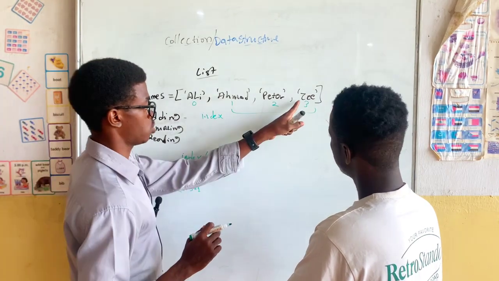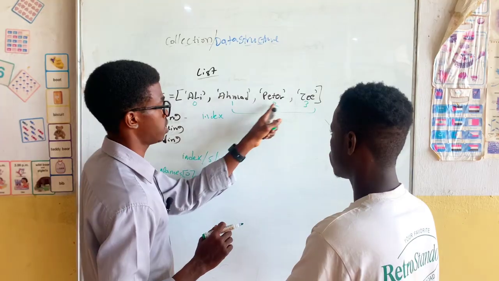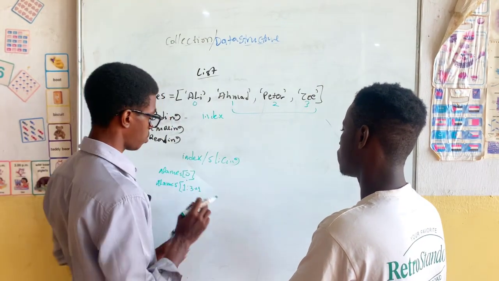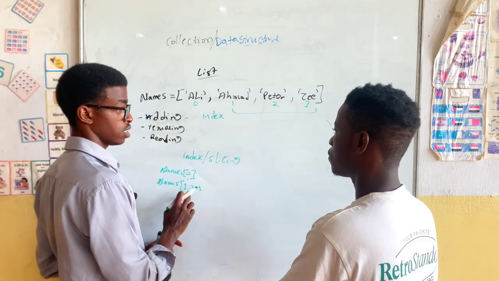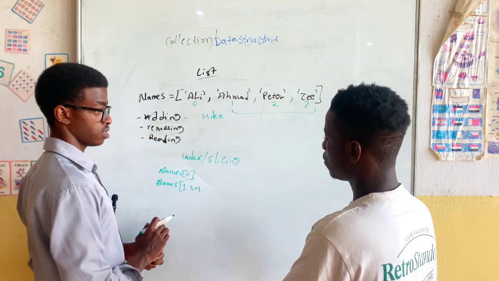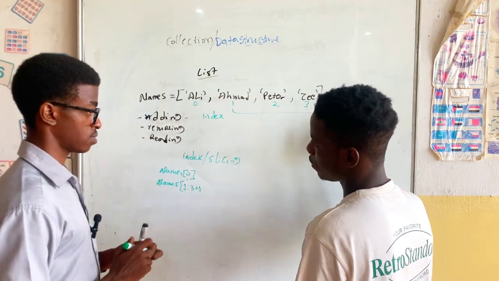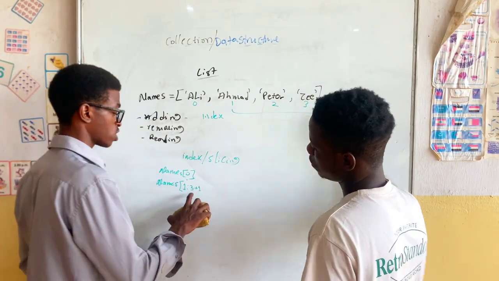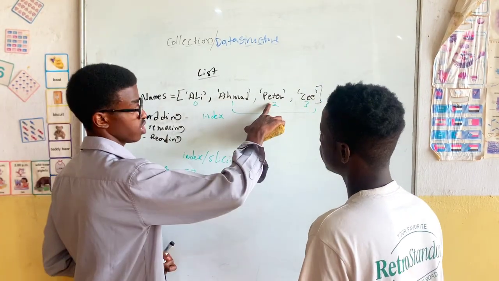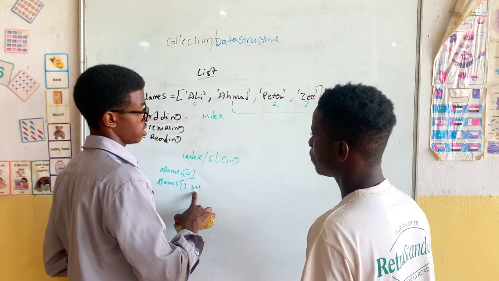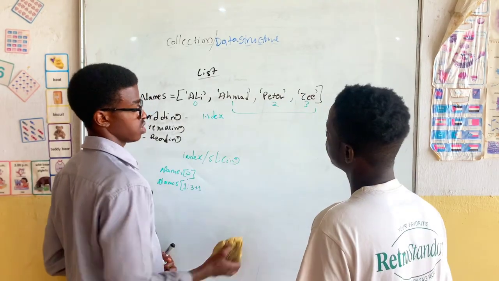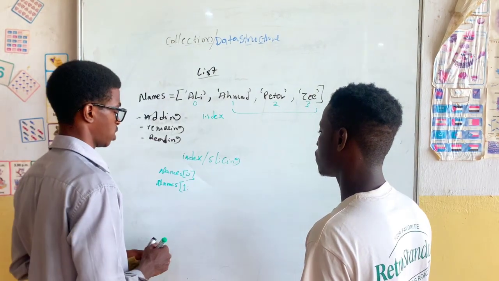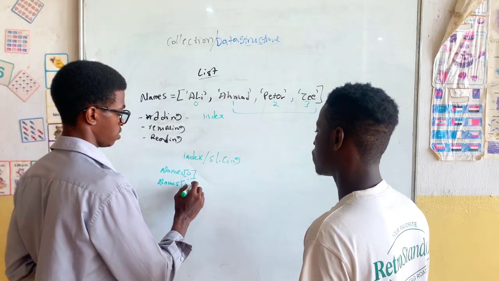This is where I'm going to stop. I'm going to show Ahmad, Peter, and Z. Z has index 3, so when I put the index, I have to add 1. That's the rule. If you do not add 1 and you put 3, it will show you only Peter. If you add 1, it becomes 4, then it will show the Z. So after we add 1 to 3, it's going to be 4.